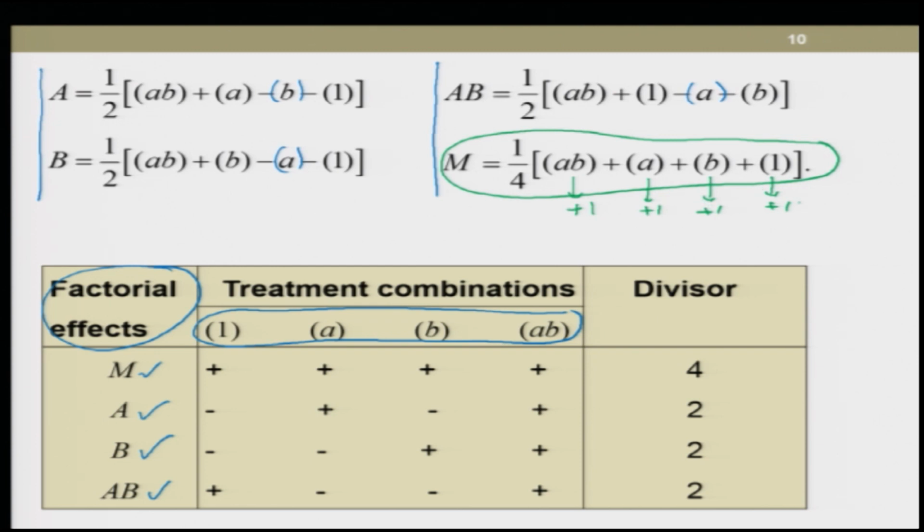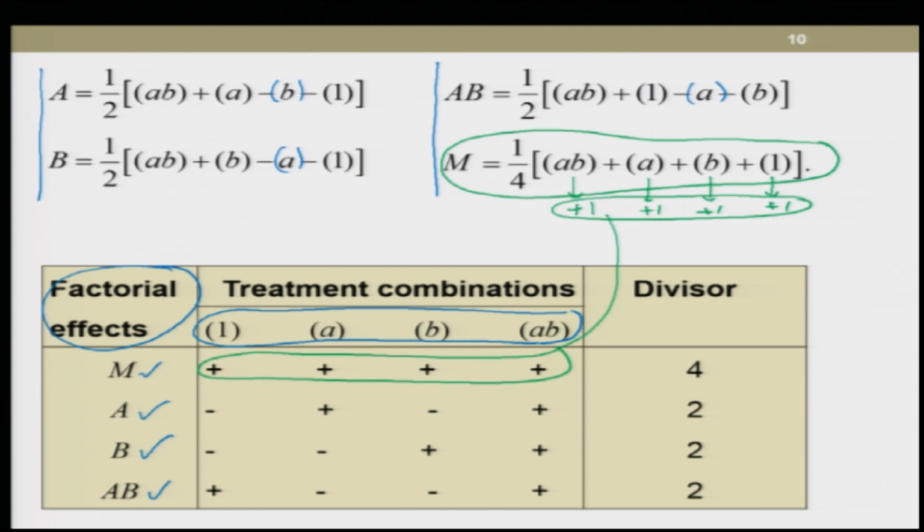This same thing is written here. This is 1, whose coefficient is 1. This is small a, whose coefficient is plus 1. This is B, whose coefficient is plus 1, and this is AB, whose coefficient is plus 1. And this is the divisor 4, which corresponds to this.